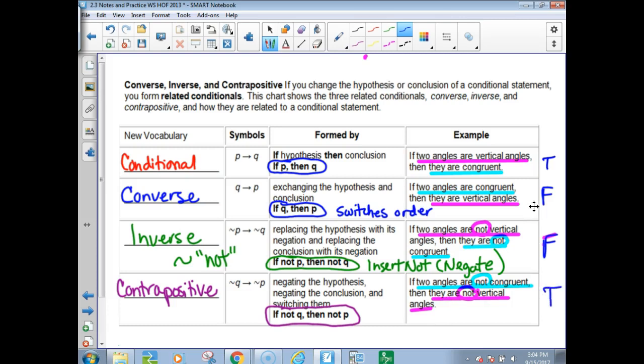So what I wanted to note here was that these are the same truth value. And from way up at the top, a conditional and its contrapositive have the same truth value. Okay, so those had the same truth value.